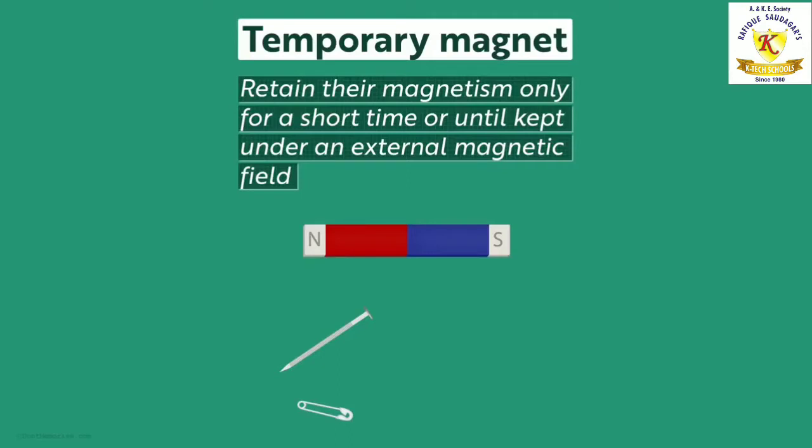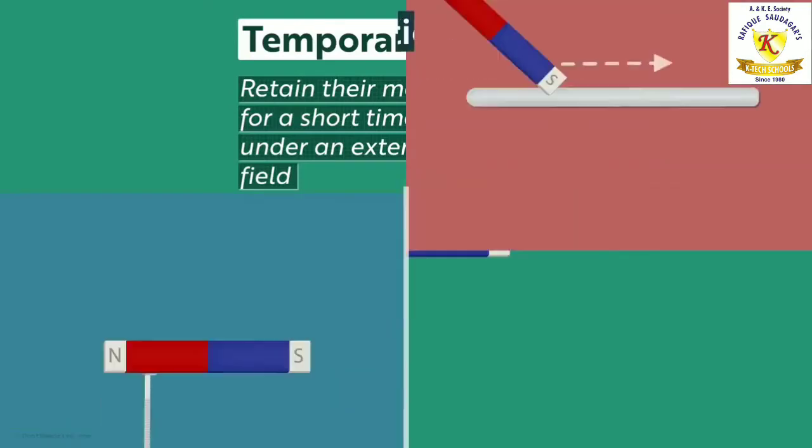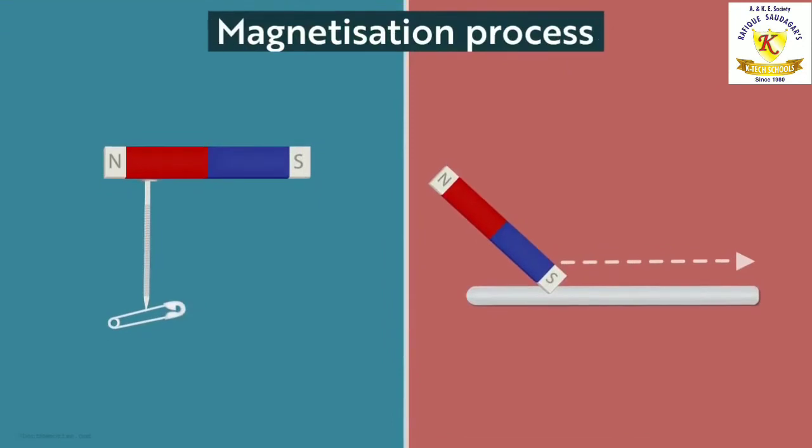Got it, children? Now, we have seen two easy processes used to make a temporary magnet. We use objects made up of ferromagnetic material such as an iron nail or an iron bar.